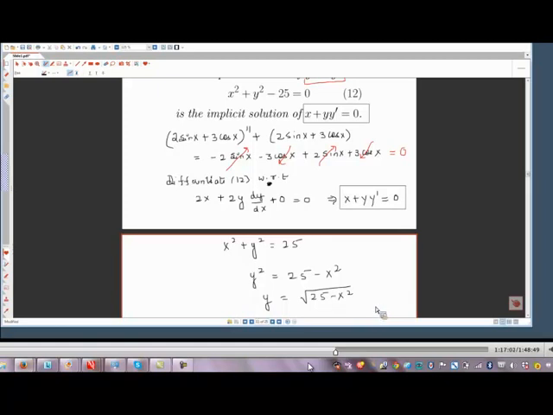Half circle, very good. Half circle is the graph of this. And what is the graph of this? Full circle, right? So when you are trying to make it explicit, you are not capturing the entire solution of a differential equation. The entire solution of this differential equation is a circle, a full circle.